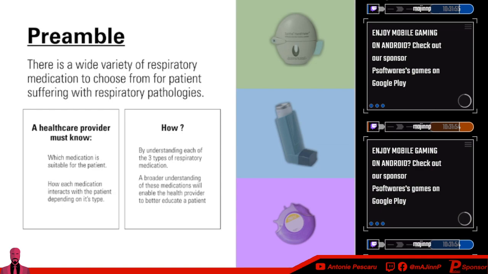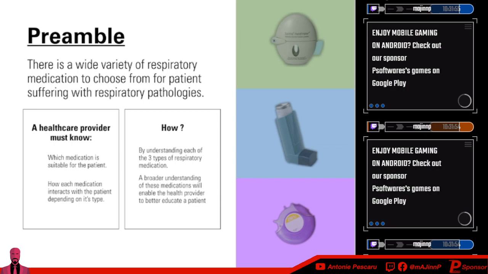Well, first of all, by understanding each of the 3 types of respiratory medication, which are your beta-2 agonists, your anticholinergics, and finally your corticosteroids.